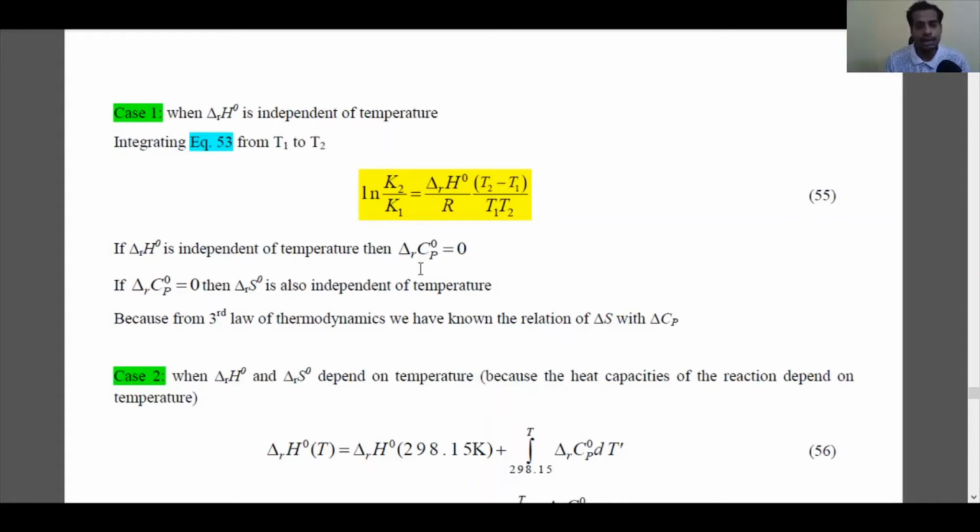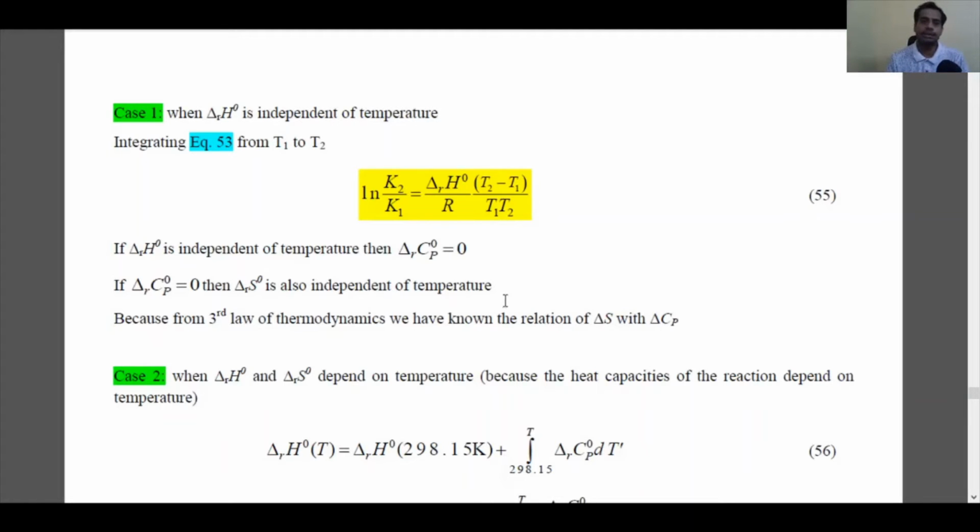Now if the reaction heat capacity at standard state is equal to 0, then the reaction entropy at standard state will also be independent of temperature, because from the third law of thermodynamics we know the relation between the reaction entropy and reaction heat capacity at constant pressure.